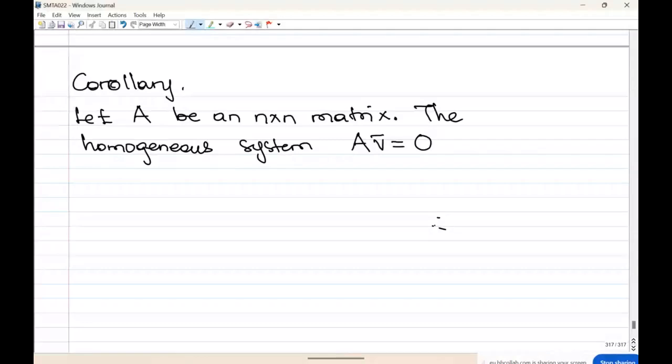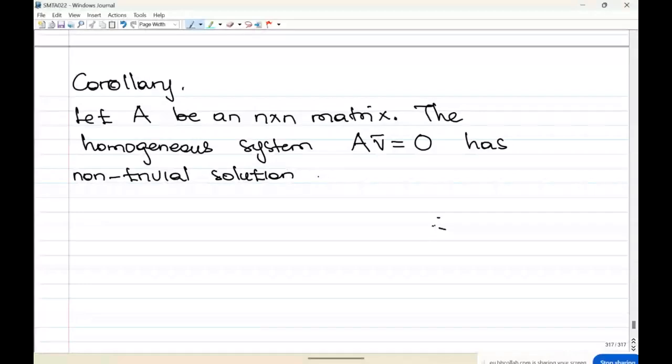Is it 0 or 0? Yes, it's 0. It has a non-trivial solution. We did talk about this non-trivial solution if and only if the determinant of that matrix A is equal to 0.